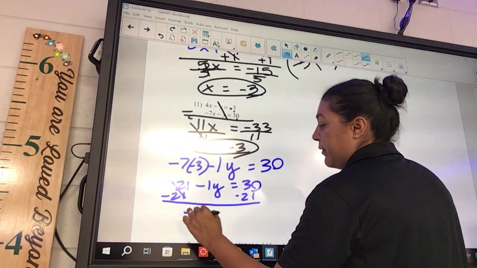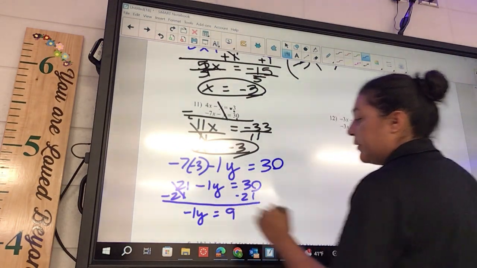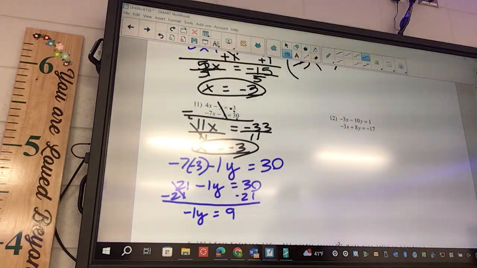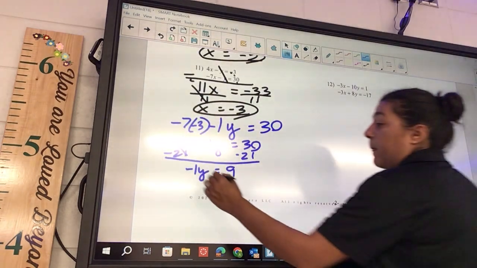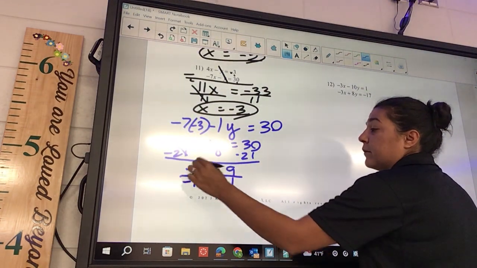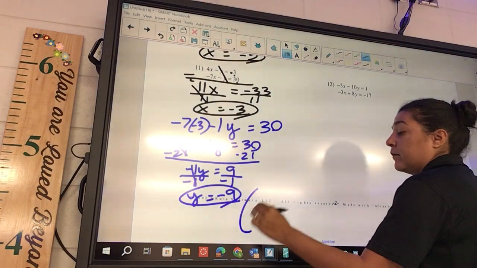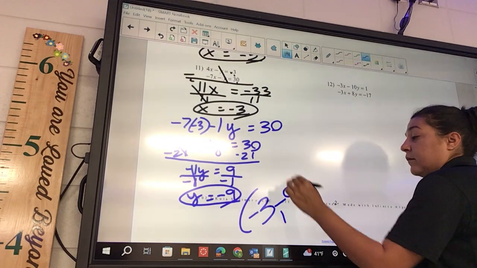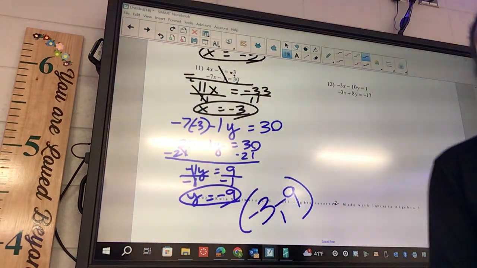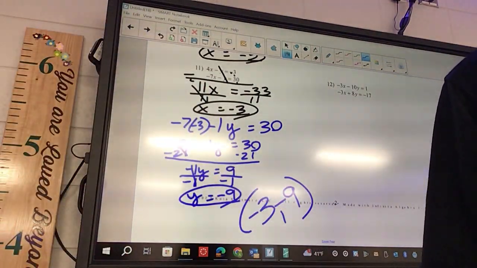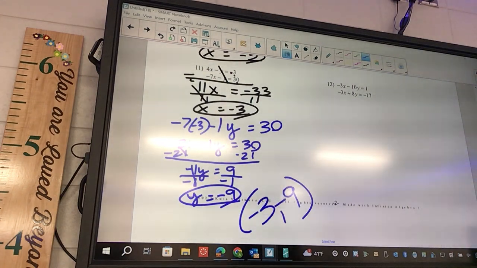So I get negative 1y equals 9, not 30 minus 21, that gives you 9. And then our last step is always to do what? Divide by negative 1.